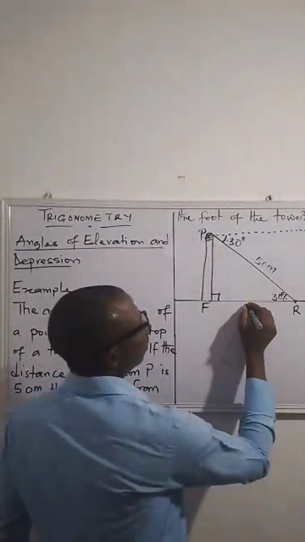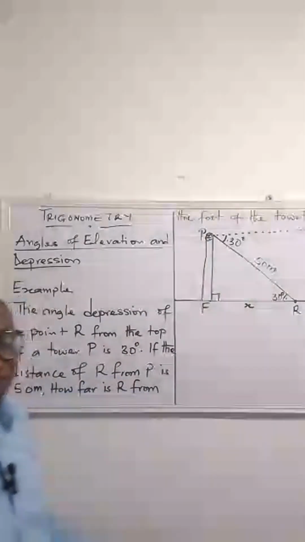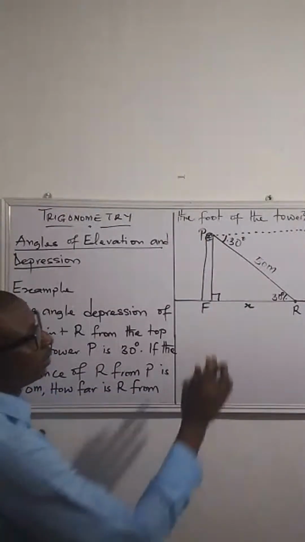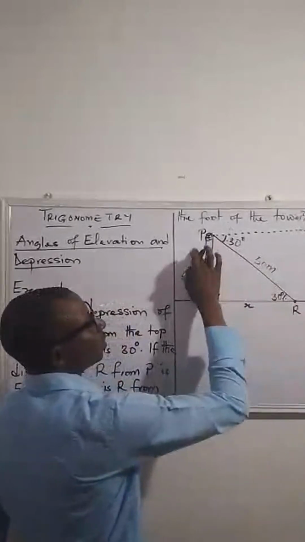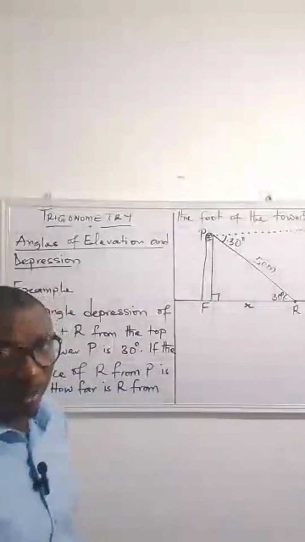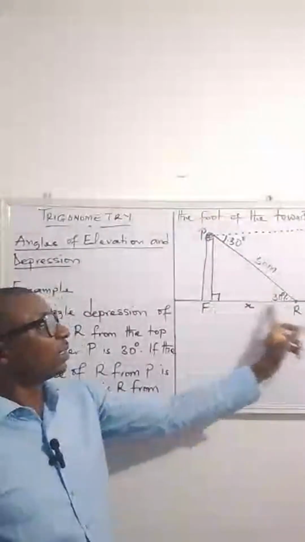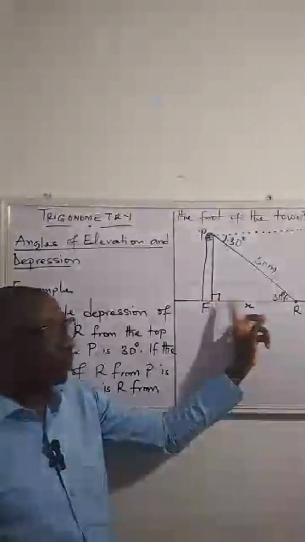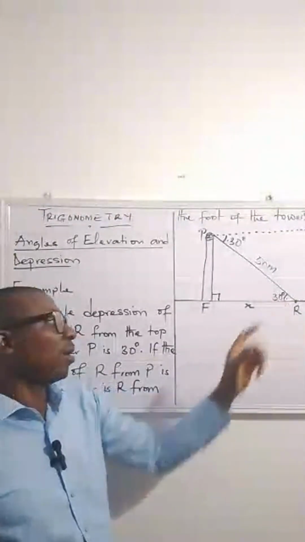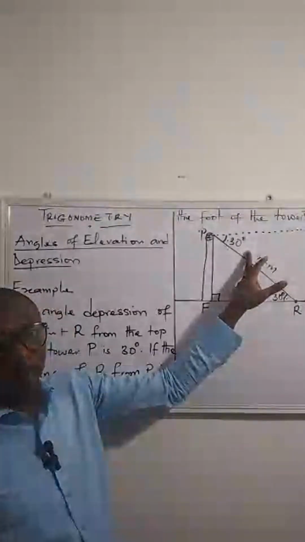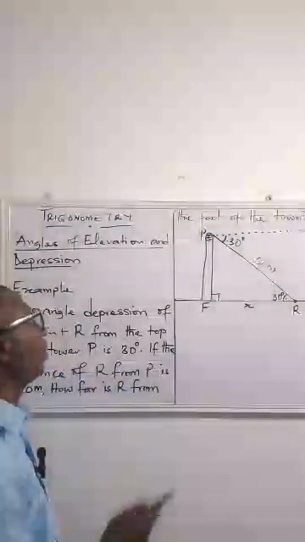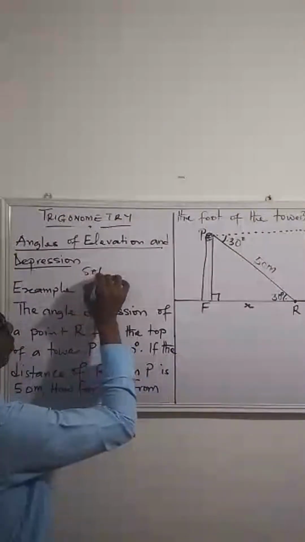I want to get this part. When you look at this triangle, you will see this is the adjacent, this is the hypotenuse, and this is the opposite. And don't forget, adjacent is the side that touches the right angle and the reference angle. So we are combining adjacent and hypotenuse, making use of our SOHCAHTOA.